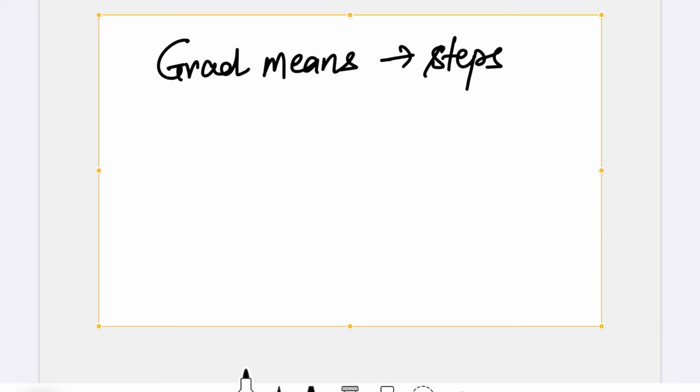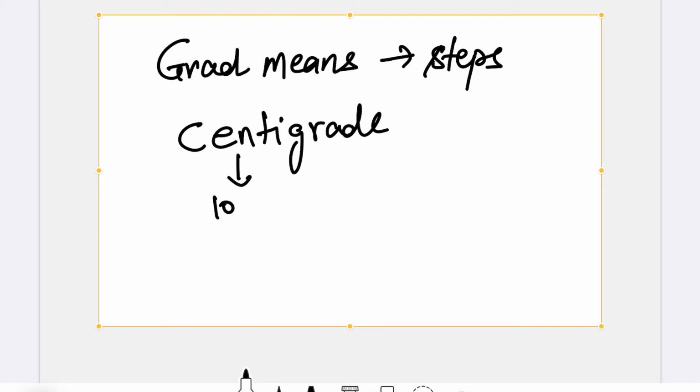What is centigrade? Centi means 100 and grade is steps.